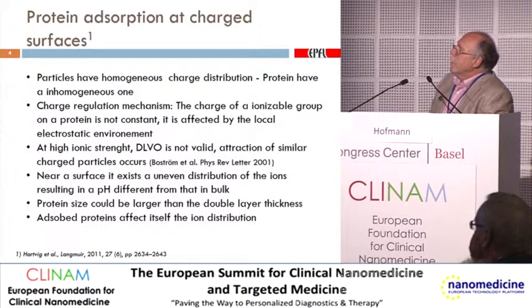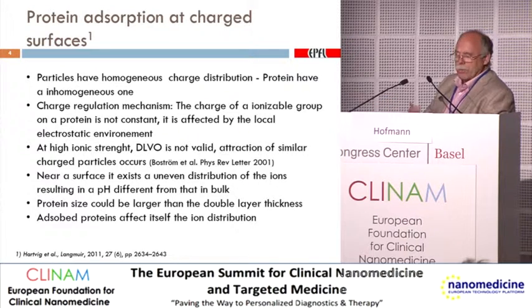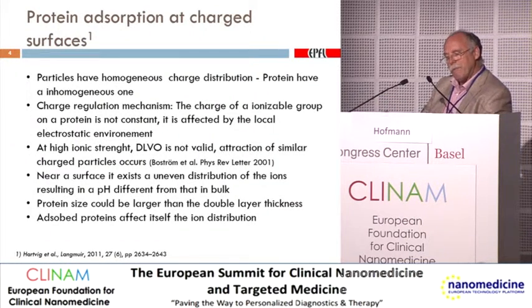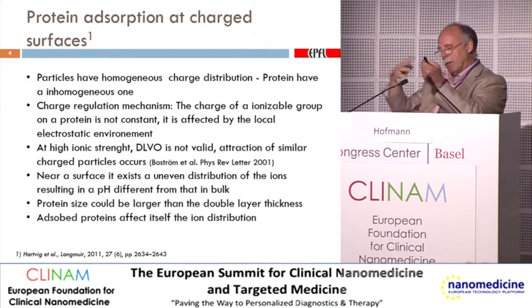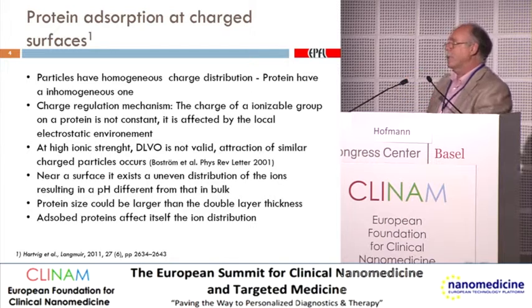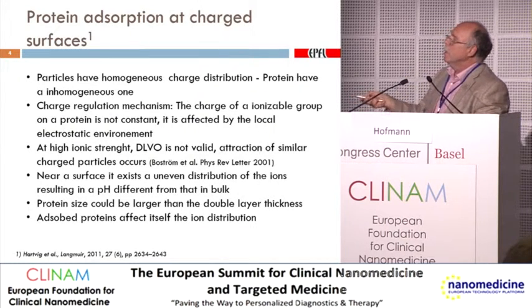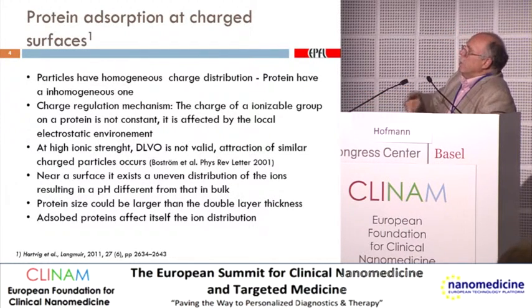Then at high ionic strengths, as we have in our cell media, the normal colloidal theory is not valid. We can have attraction of similarly charged particles. Overall positively charged proteins on a positive surface can have attraction. It was shown years ago.